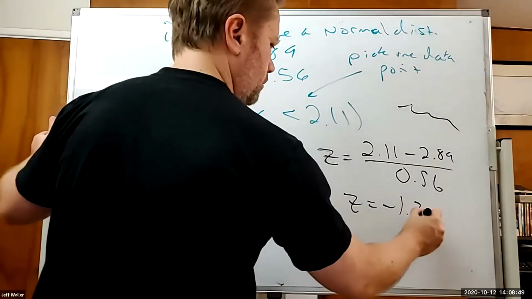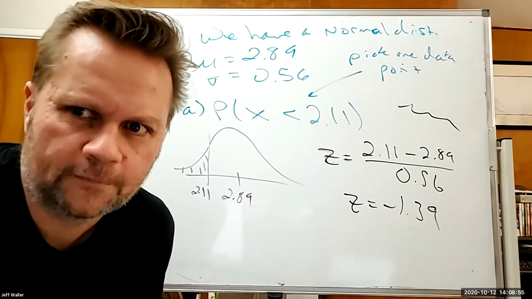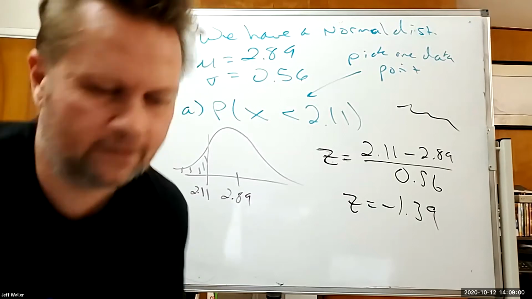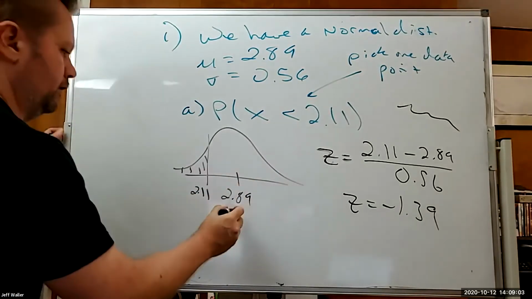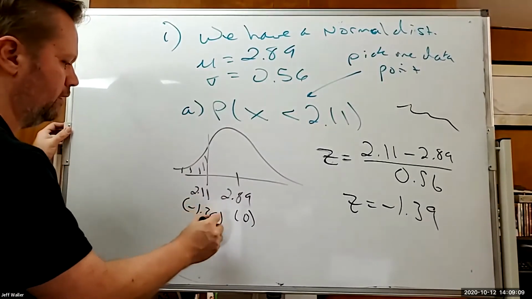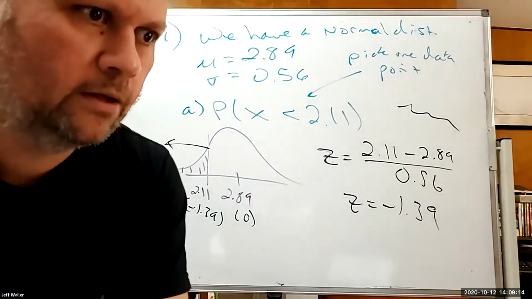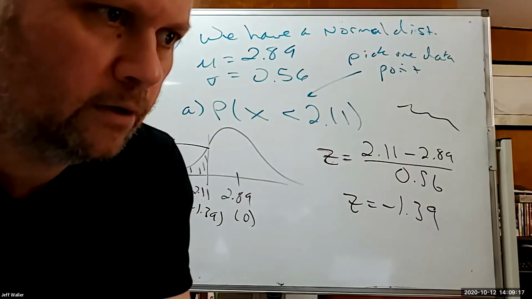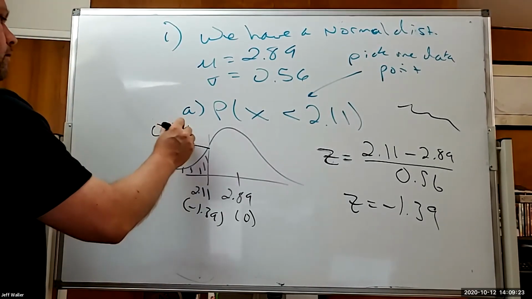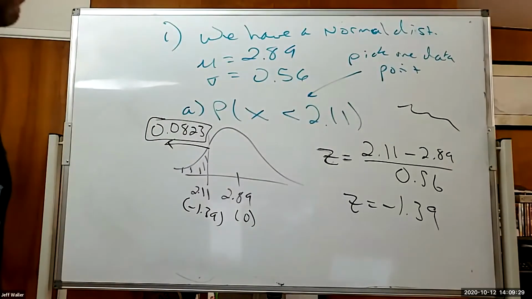Is that what everybody else got? Yes. Okay, it's just better to have a crowdsource. The mean is always 0 as a z-score, and this would be negative 1.39. I look that up and I'm done. What do you get when you look up negative 1.39? 0.0823. Is that what you guys got? All right, 8.23%.